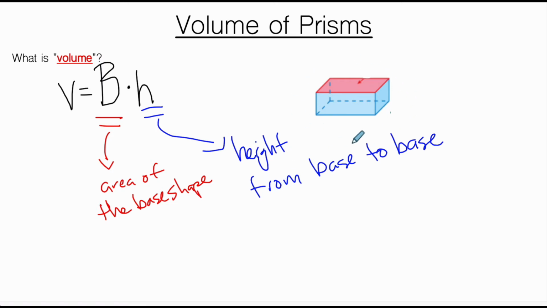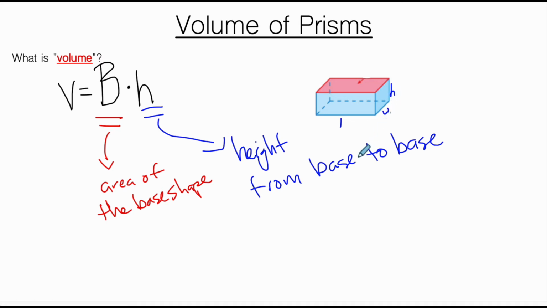So in this shape right here, the base shape, I used red for a reason, is going to be this rectangle. And the other base is down here. You can't see it. I mean, you can see it, but if it was a 3D shape, you wouldn't be able to see it. But it's this rectangle. And a rectangular prism has three measures. It has a length, it has a width, and it has a height.